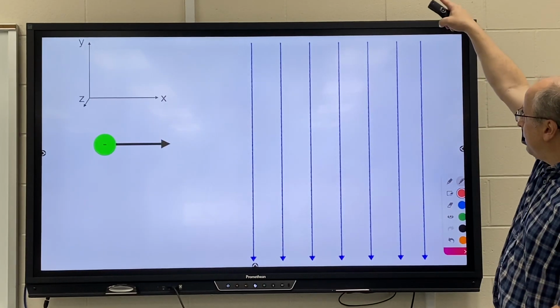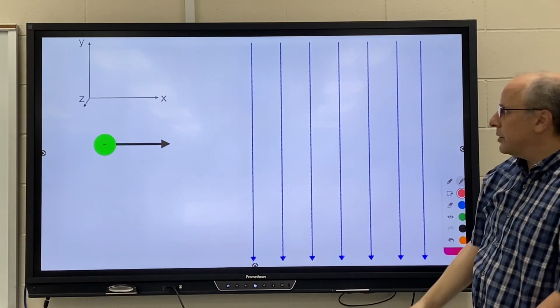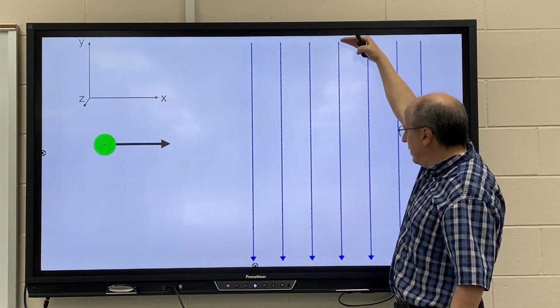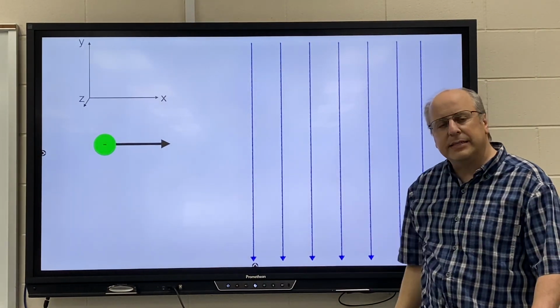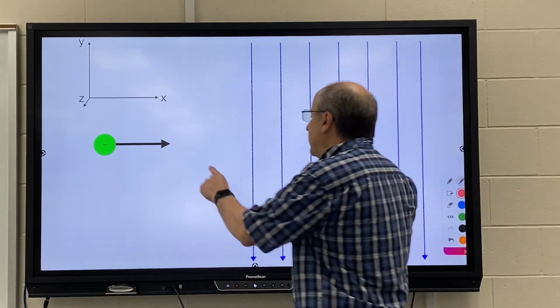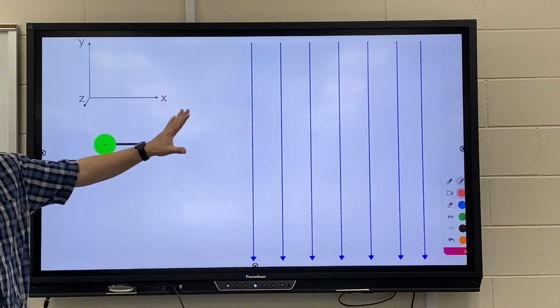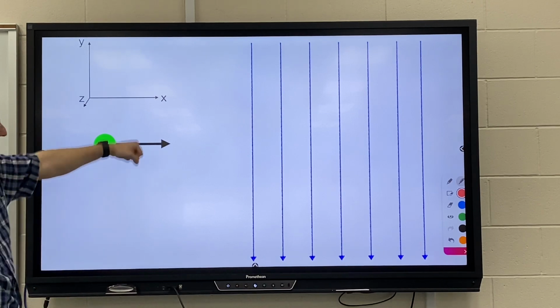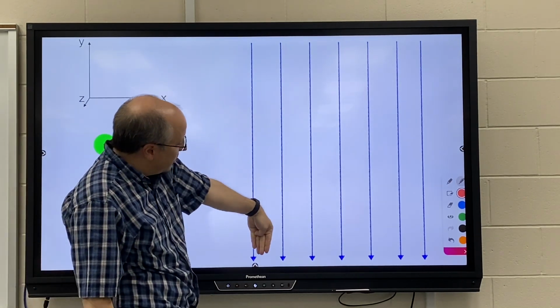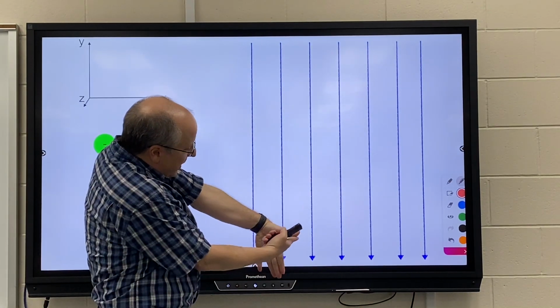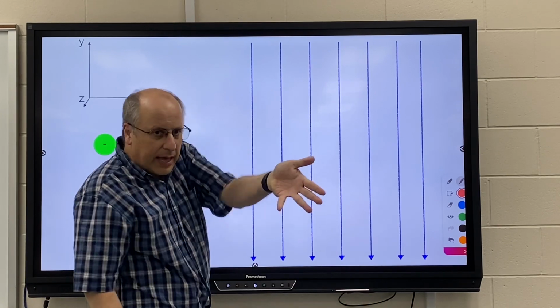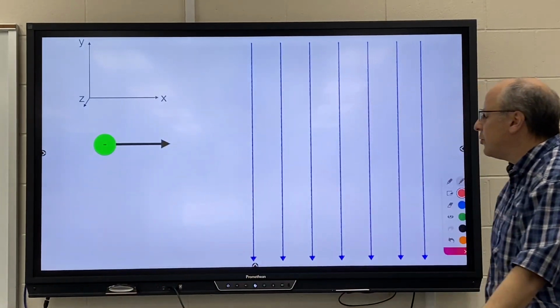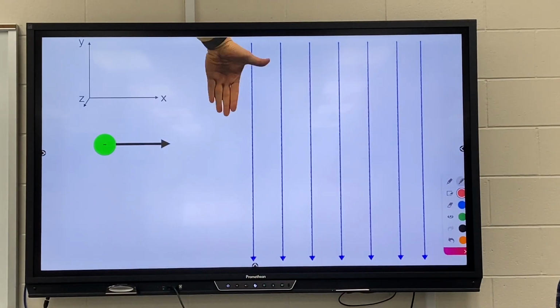Here we have a magnetic field going from the ceiling to the floor. So the north of the magnet is up here, the south of the magnet is down here. It's a negative charge this time, so you'd use your left hand. Fingers point toward the ground. Thumb, make sure you make a right angle. And the palm is facing toward the camera.